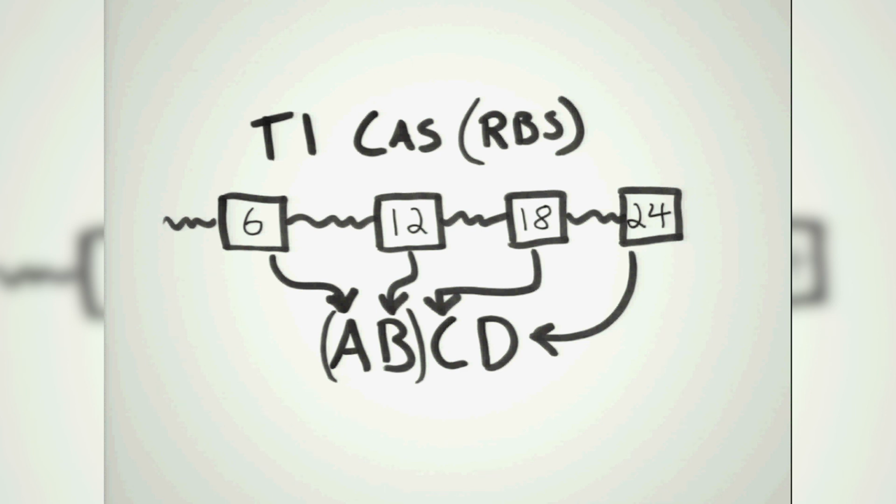Okay, so it's actually different for E1 than it is for T1. In T1, it's called robbed bit signaling. And the reason it's called robbed bit is because, these are the frames of an extended superframe. In the 6th, 12th, 18th, and 24th frame, we rob the least significant bit of every time slot.